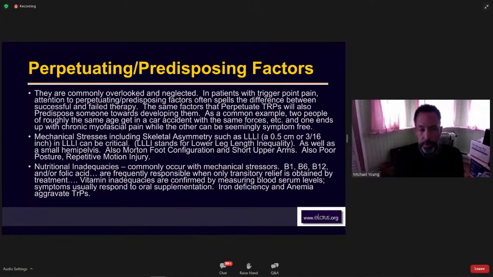So then there's mechanical stressors, skeletal asymmetry, such as lower leg length inequality, LLI. A small amount of lower leg length inequality can be critical.